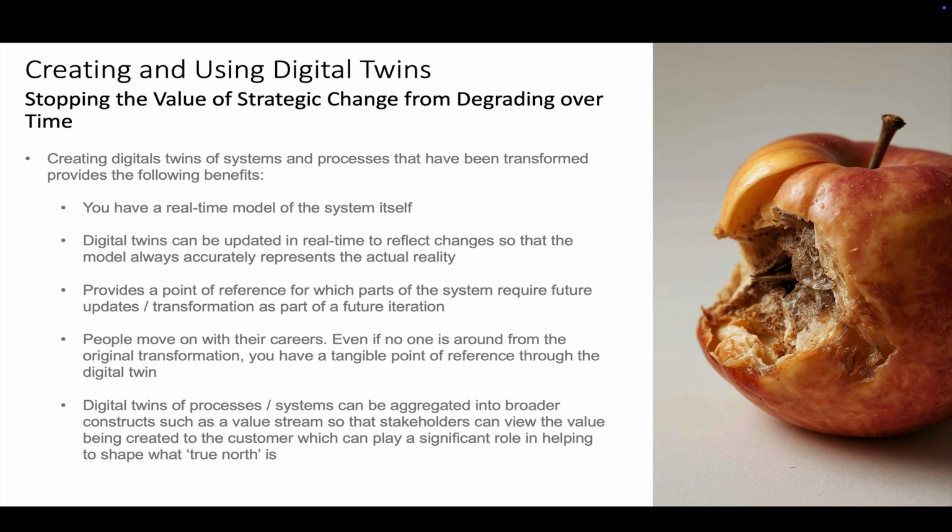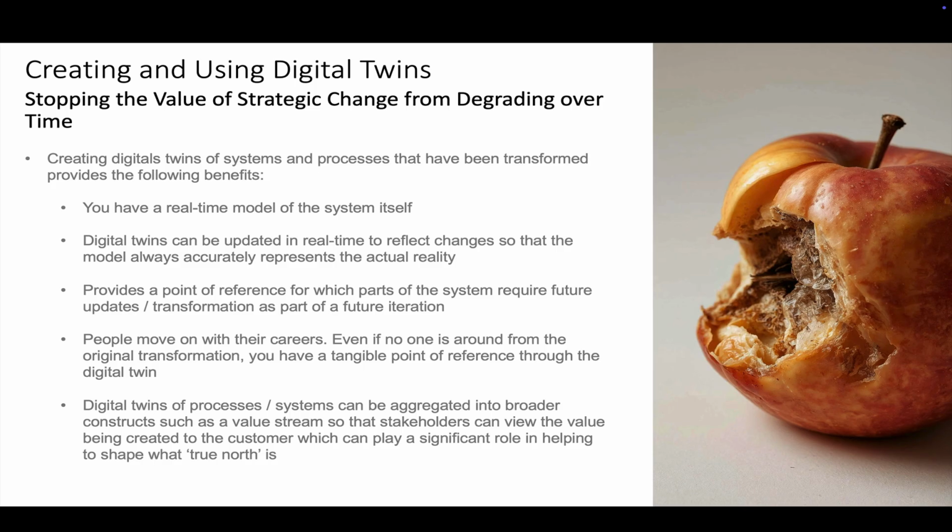A value stream encompasses every interaction from the initial customer request to the final realization of value, and its purpose is to identify and eliminate non-value-adding steps to improve efficiency, quality, and customer satisfaction.